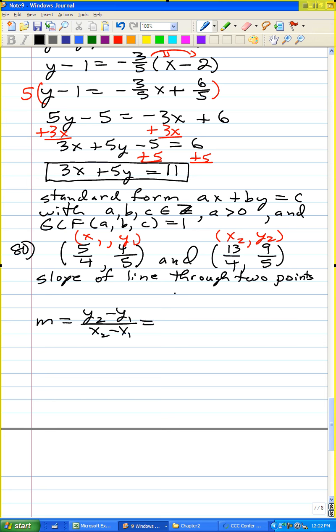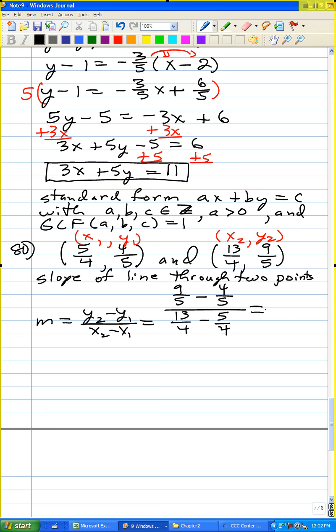So it's 9/5 minus 4/5 over 13/4 minus 5/4. So it is y2 minus y1 over x2 minus x1.